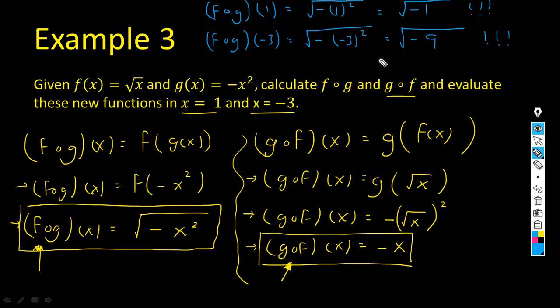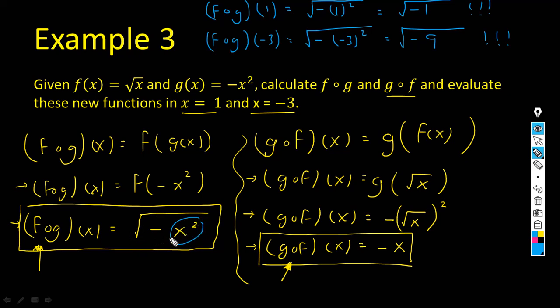And if you notice, it doesn't matter what value we evaluate this function in. It doesn't matter what x I put in here and in here. I'm always going to have this problem because we have the square root of the negative of this number.